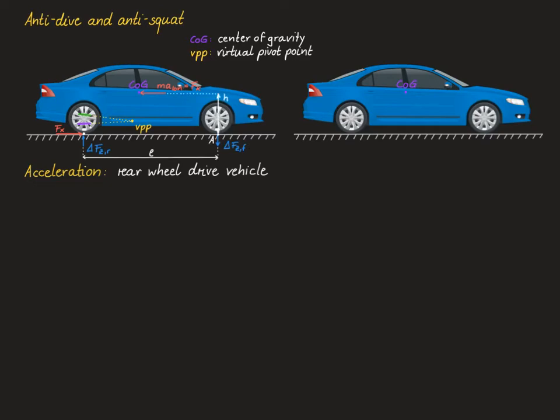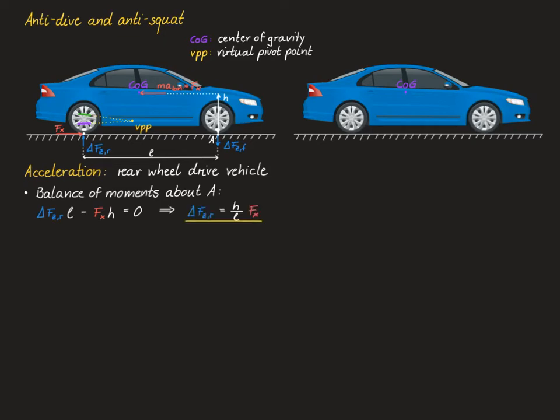To see this, let's take a balance of moments about the contact point between the front tire and the road. This yields delta FCR times the distance L minus Fx times the distance h equals 0.